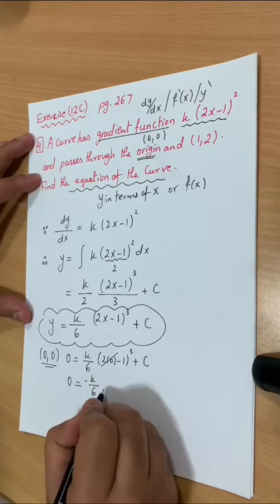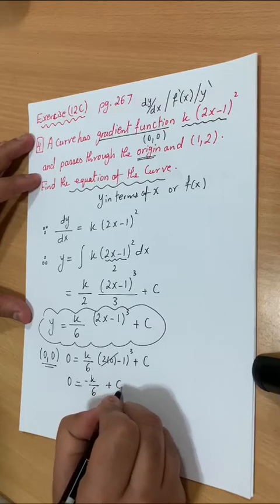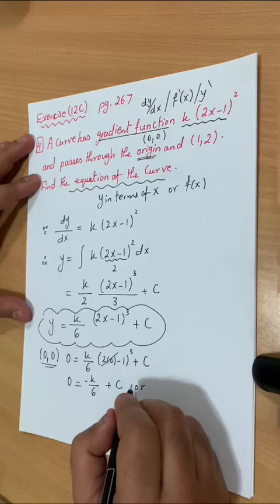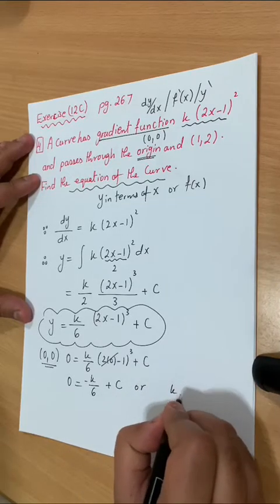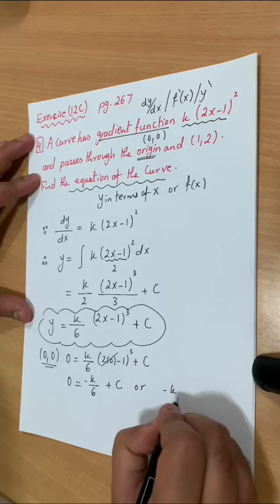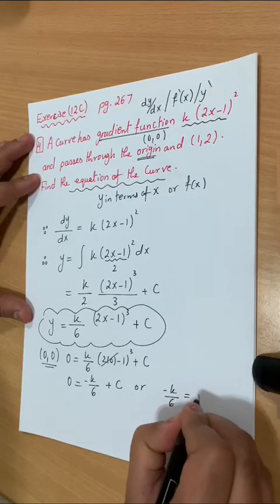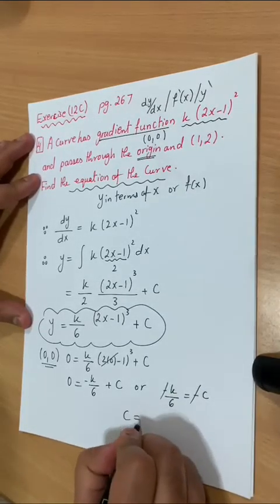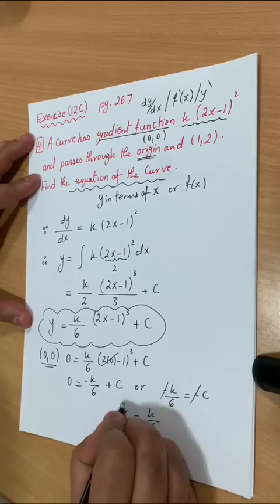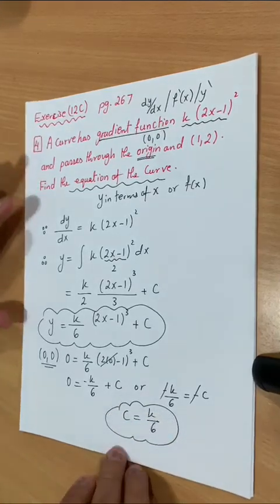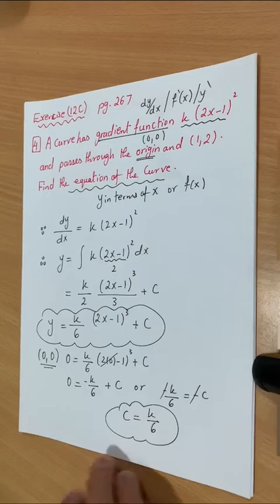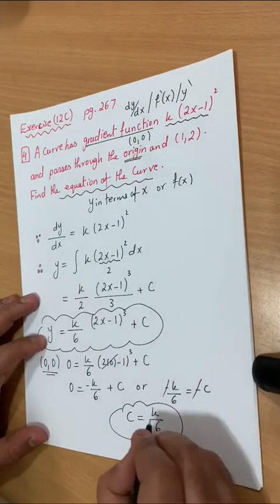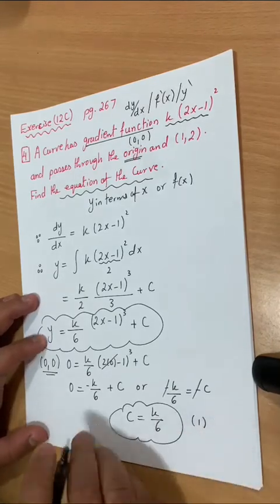So it's negative k over 6 plus c. Or you can write it in this form: negative k over 6 is equal to negative c. So negative will cancel negative, then c is equal to k over 6. So you can write c in terms of k or k in terms of c. From the previous video, c equals k over 6, let's call that equation number 1.